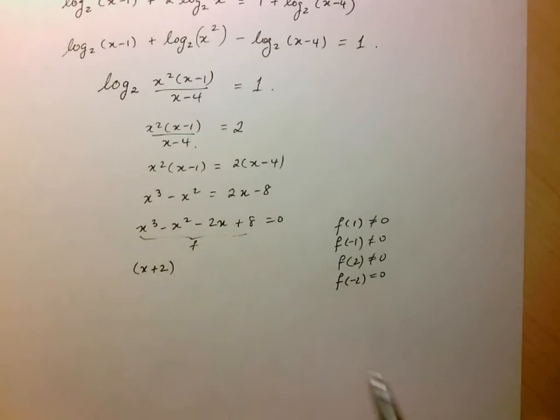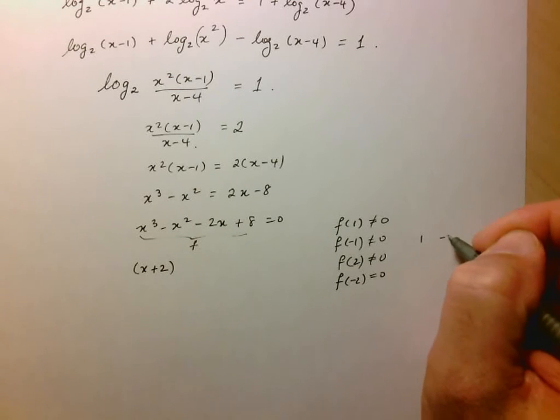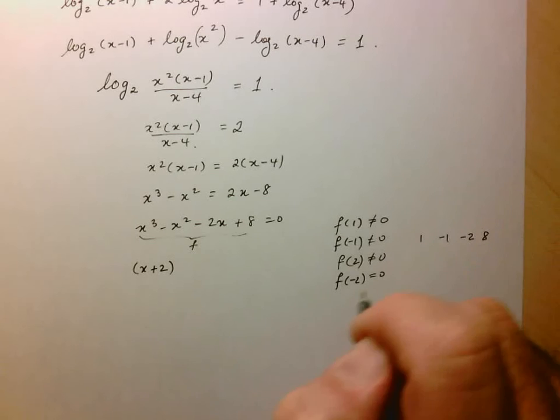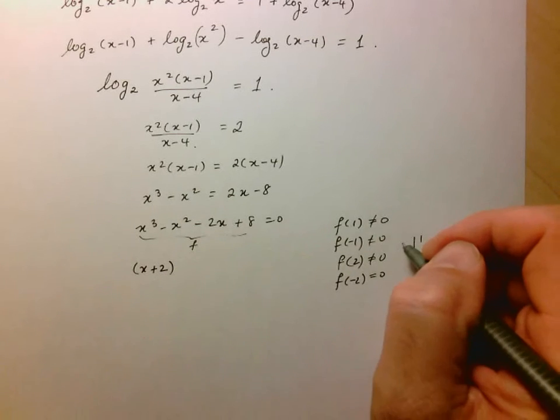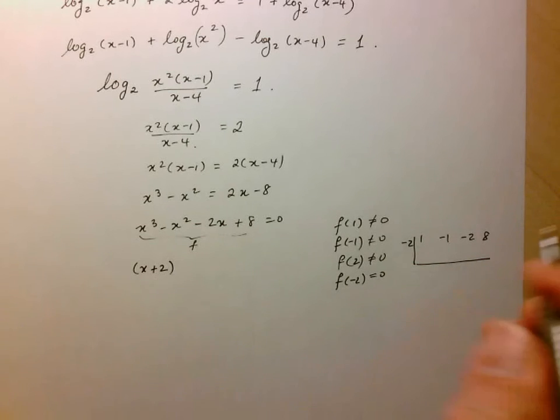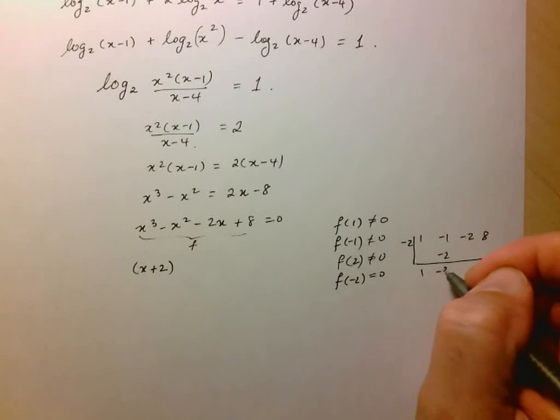Now we have to find our second factor, and we do that by doing a division. So we have our coefficients 1, negative 1, negative 2, 8, and dividing by x plus 2, so we need to put a negative 2 there. Bring the 1 down. This becomes negative 2, negative 1 plus negative 2 is negative 3.